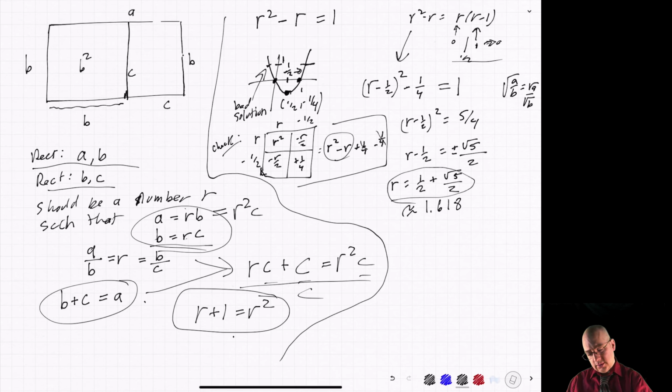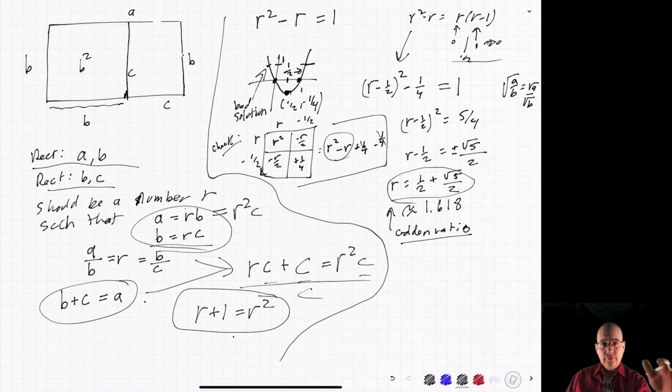This is the golden ratio. Okay, and so that's nice. There's also something called the Fibonacci sequence, where you're doing something and the golden ratio pops out of that. People love to talk about it. It's kind of cool. People think it's kind of nice aesthetically. I don't know about that.